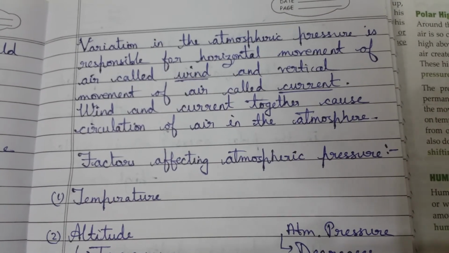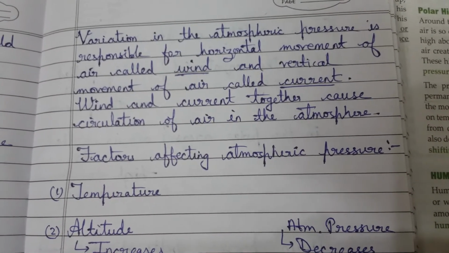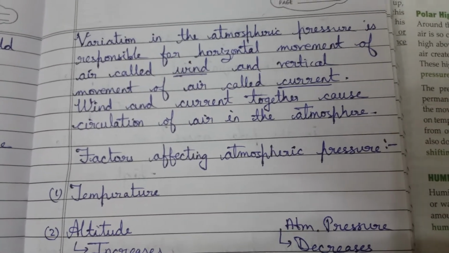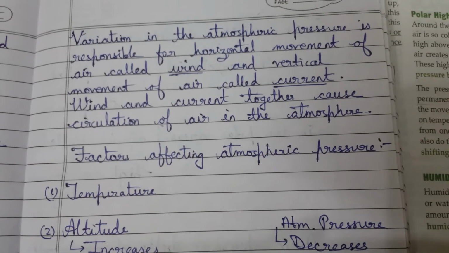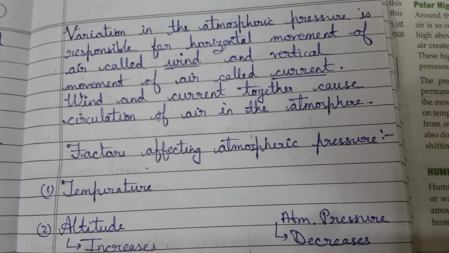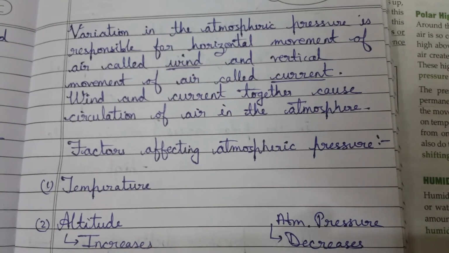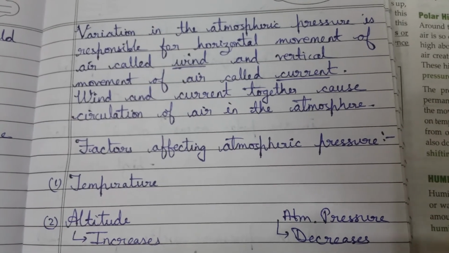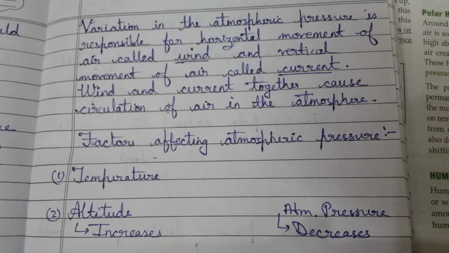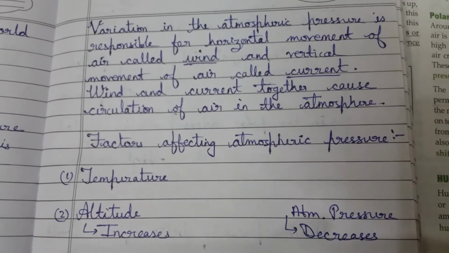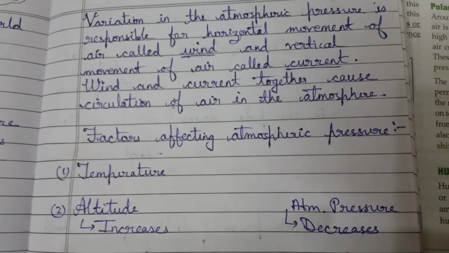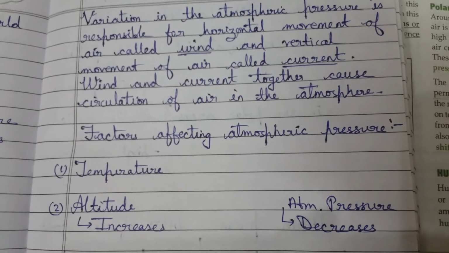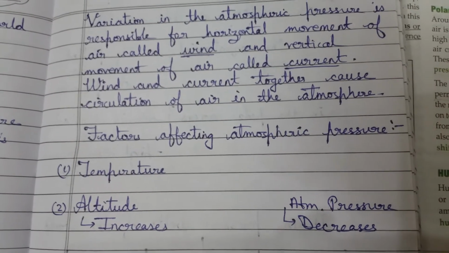Now this variation in the atmospheric pressure is responsible for horizontal movement of air called wind and vertical movement of air called current. Because there is a difference in the atmospheric pressure of different places on the earth, the air sometimes moves horizontally and sometimes vertically.